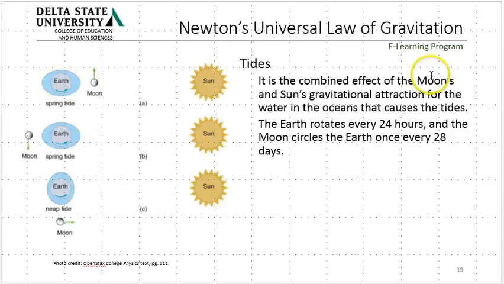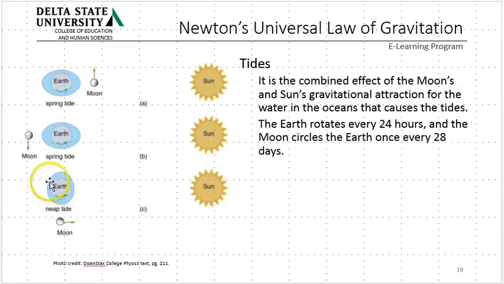This is one of the reasons we have tides: the Moon attracts the water towards it, and the water bulges out on the opposite side as well. We have a spring tide when the Earth, Moon and Sun are lined up, with the Moon and the Sun on the same side attracting water in that direction, or on opposite sides. And then we have a neap tide, which is not as strong. A neap tide is when the Moon is off in one direction and the Sun is perpendicular to that.